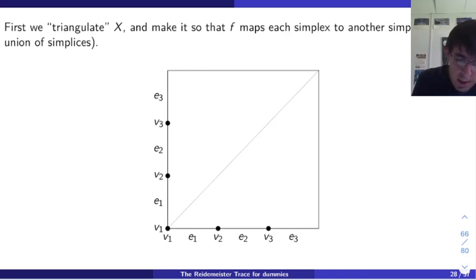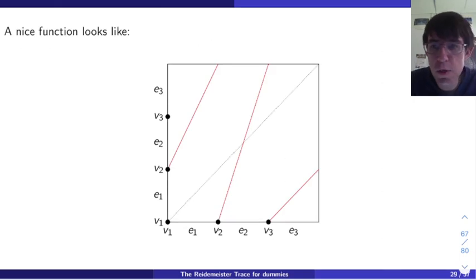So on a line, it's easy. Triangulations don't look like triangles. It just means you divide your line up into little subintervals, and you make the function so that it takes each subinterval onto another subinterval in the codomain, or maybe a union. So, for example, here's a nice function after I subdivide.